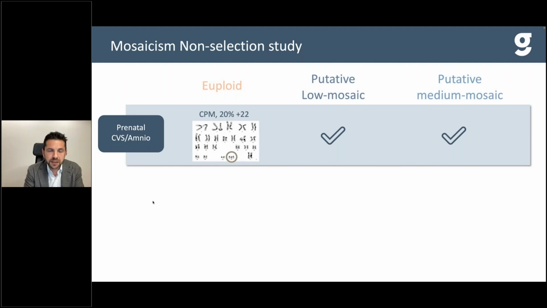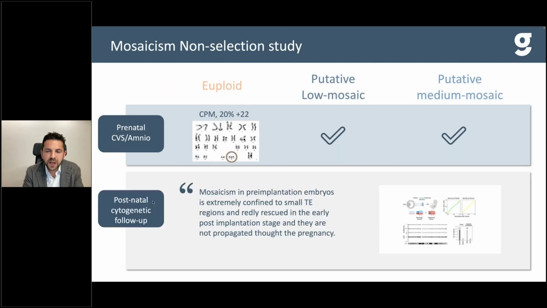So the patients decided themselves whether or not to undergo a prenatal follow-up. The only case of confined placental mosaicism that we observed at the prenatal level came from the euploid embryo transfer, while we did not detect any of these events for the putative low and medium mosaic embryos.